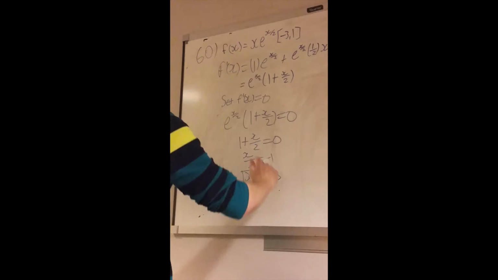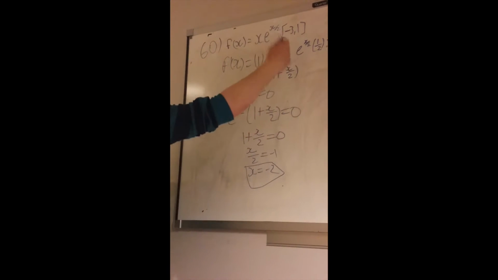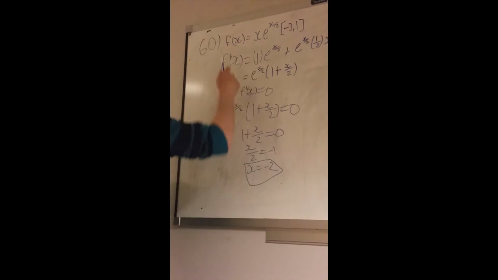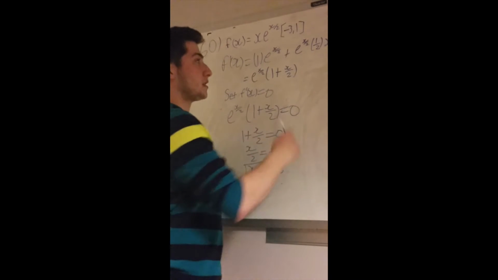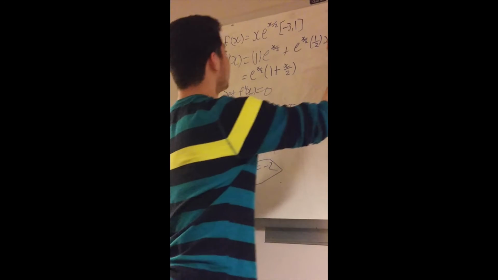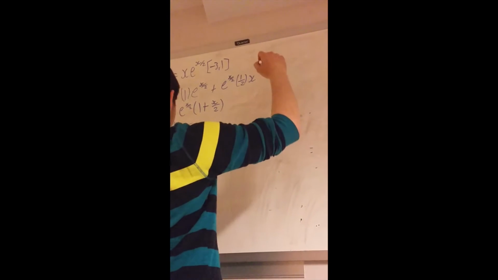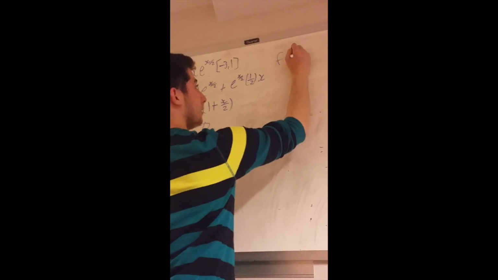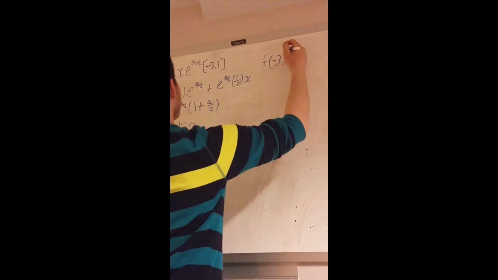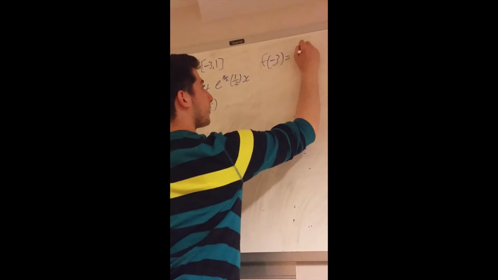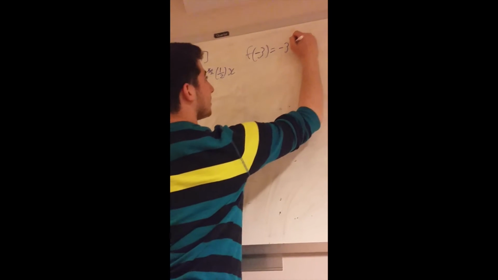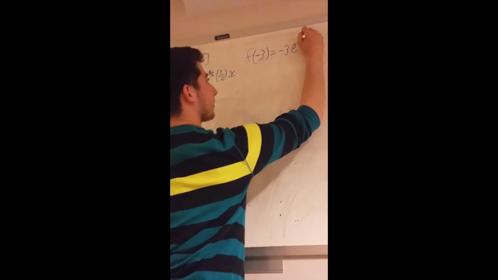Next up, we're going to have to plug in 3 values. We're going to plug in negative 3, 1, and negative 2 into the original equation and see what our points are. So we're going to have f of negative 3, which is equal to negative 3 times e to the exponent of negative 3 divided by 2.